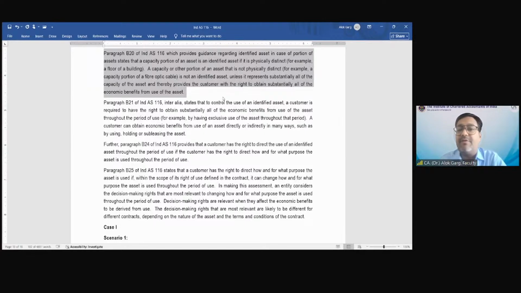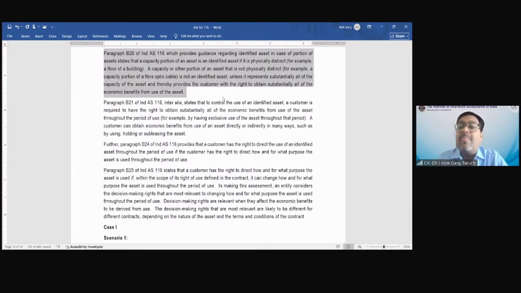But in case of a fiber cable, in case of an oil container, where the capacity is there, will you be able to distinguish what belongs to the lessee? Will you be able to distinguish it? Answer is no. No, right? No, sir. Hence, in case of a capacity portion, when the lessee has taken a capacity on a lease basis, it will not be considered as an identified asset, right?